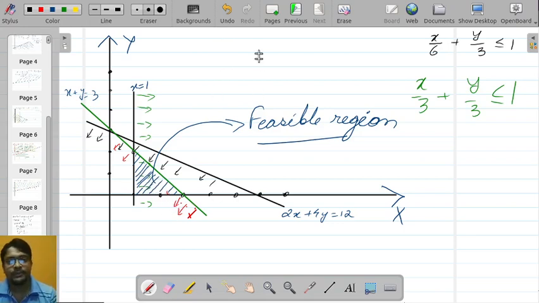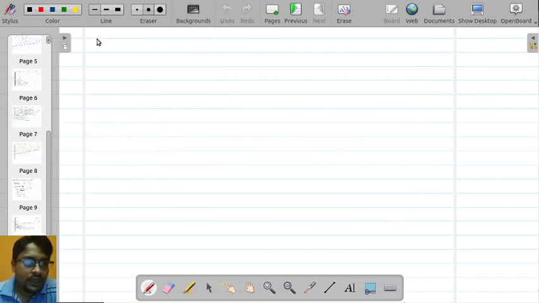For the time being, you try plotting these inequations, or you try finding the feasible regions.